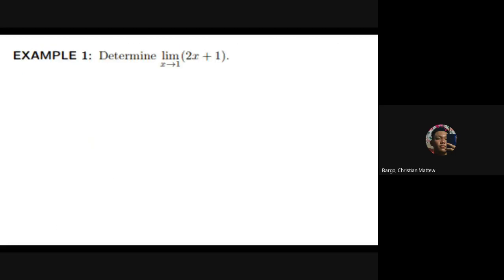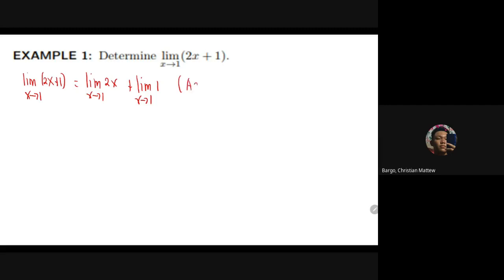Okay, so let's start. Determine the limit of 2x plus 1 as x approaches 1. From the previous theorems that we mentioned, the limit of 2x plus 1 as x approaches 1 will be equal to the limit of 2x as x approaches 1 plus the limit of 1 as x approaches 1.